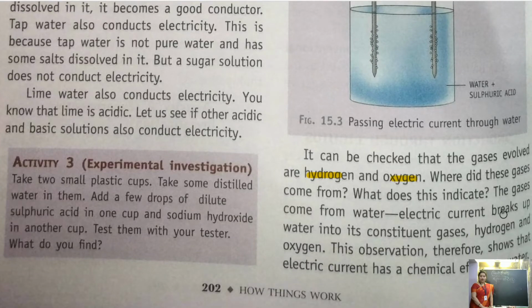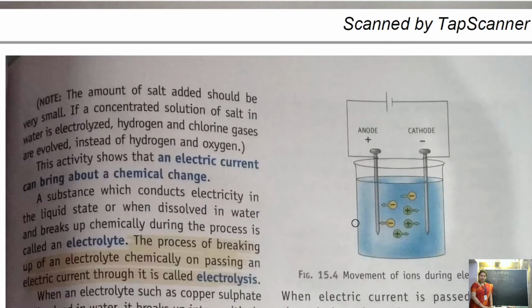The electric current breaks up water into its constituent gases, that is hydrogen and oxygen. Getting it? So this is called electrolysis. Getting it? This process is called electrolysis.